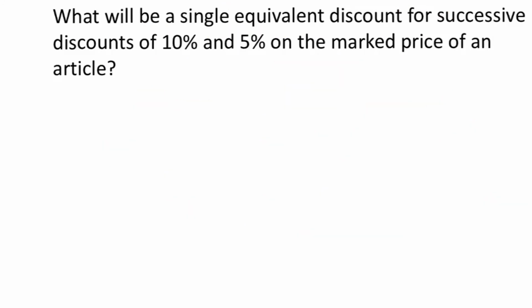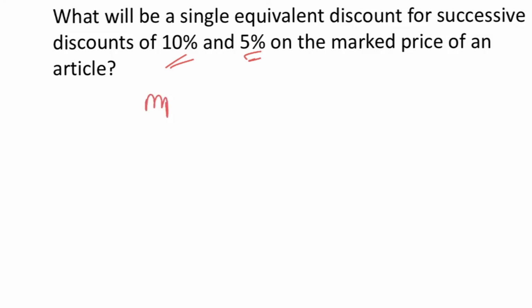What will be a single equivalent discount for successive discounts of 10% and 5% on the market price? Two successive discounts are given. In the percentage chapter we already solved problems related to successive increment and successive decrement. Successive decrements are to be applied in the same manner.